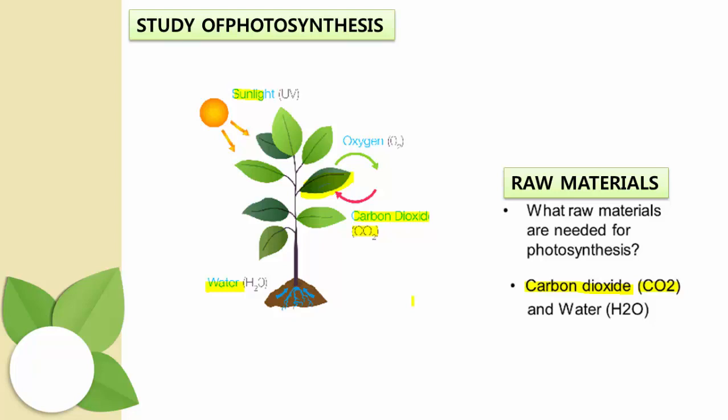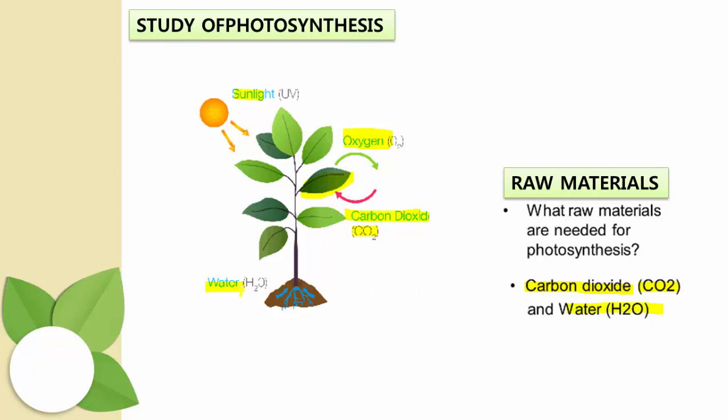Through the stomata carbon dioxide enters into the leaf, and oxygen is liberated from the leaf.